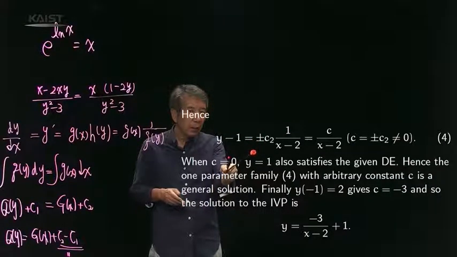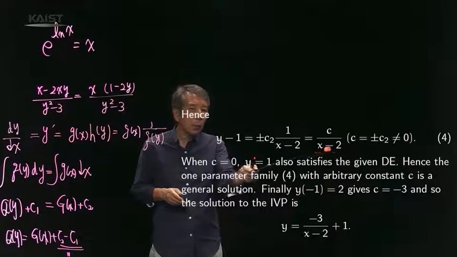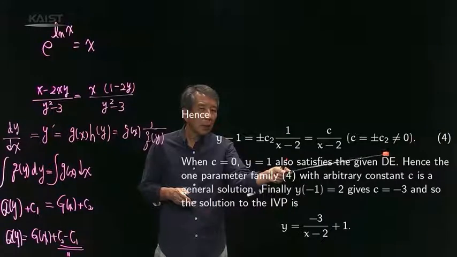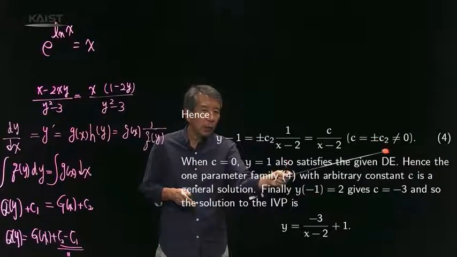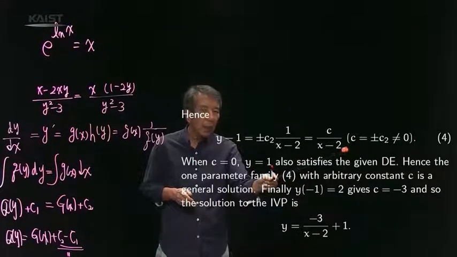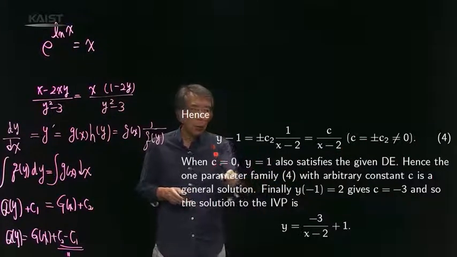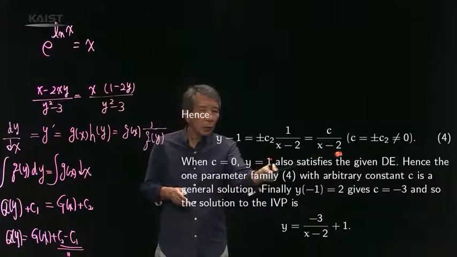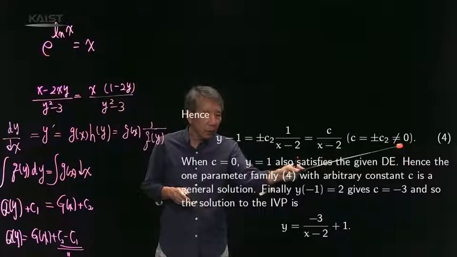Now let's write c to be plus or minus c2. Since c2 is a strictly positive arbitrary number, plus or minus c2 can be an arbitrary non-zero real number, that we call c. So finally we get the expression y minus 1 is equal to c over x minus 2, where c is an arbitrary non-zero number.